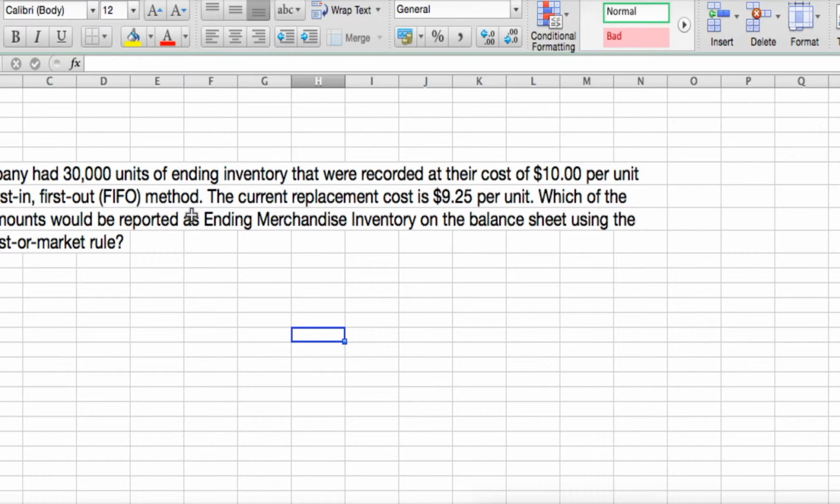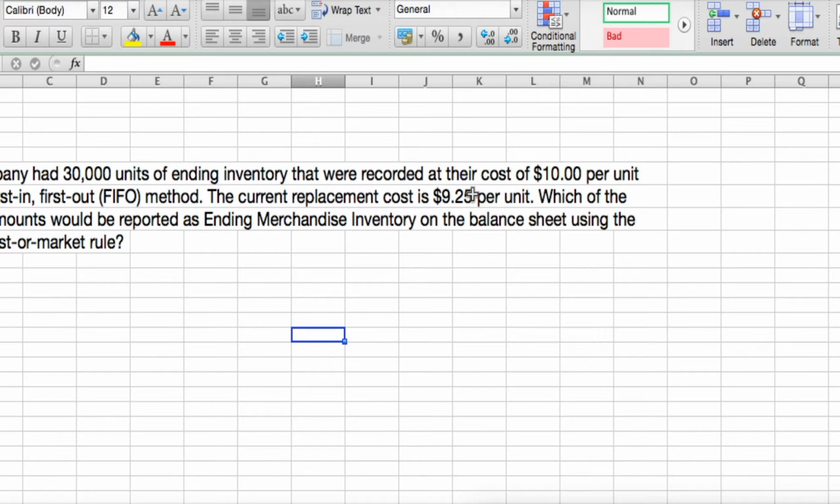Now, if I record this asset at a dollar value higher than what it's actually worth right now, or what it would cost the company to replace right now, then what I'm actually doing is I'm overvaluing one of my assets. And that will throw off, in this case, my balance sheet, because my balance sheet shows my assets, my liabilities, and my owner's equity. So by overinflating my assets, I will overinflate the calculations on the balance sheet for my asset column and also the balancing side on the owner's equity column.